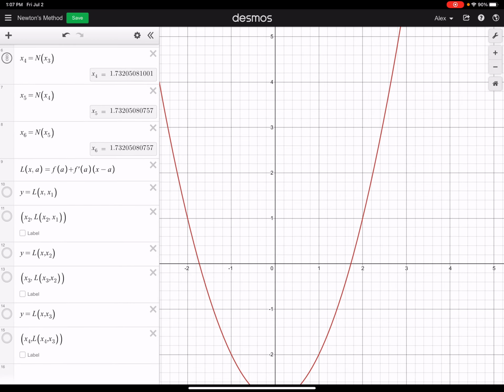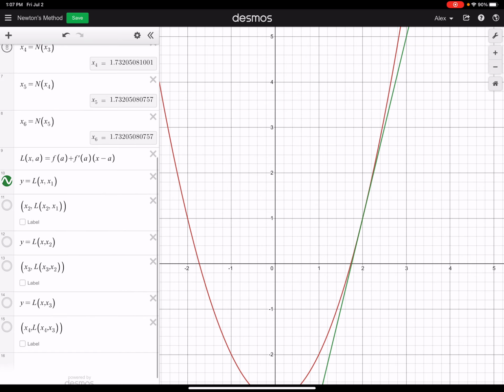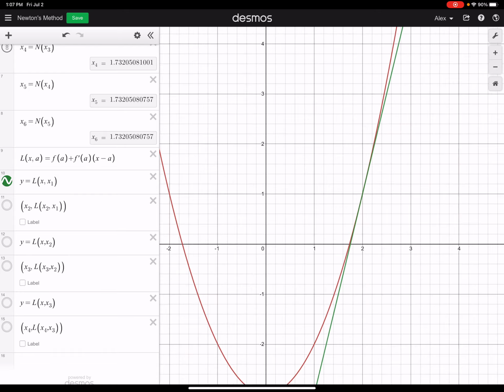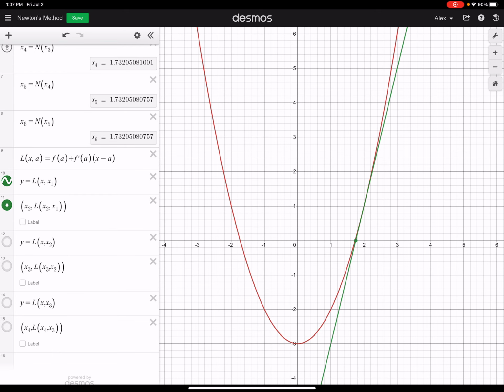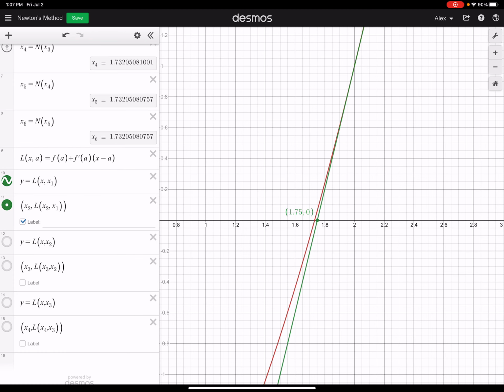By using Newton's method, we let x1 equal 2, and we found the linearization at 2, right? See, that's the tangent line, 2. And then we find where it equals 0. 1.5 comma 0, right? Just as we had found.